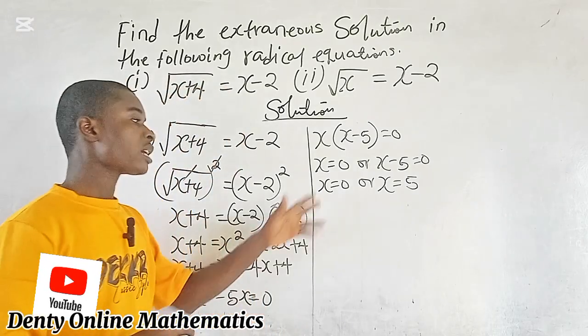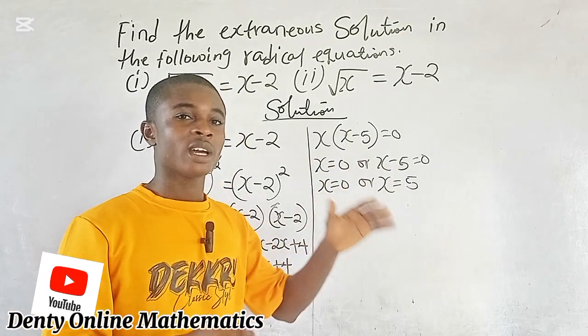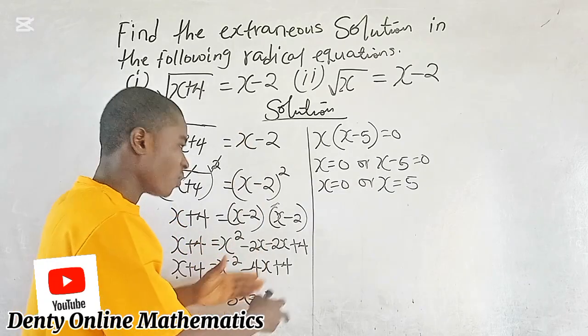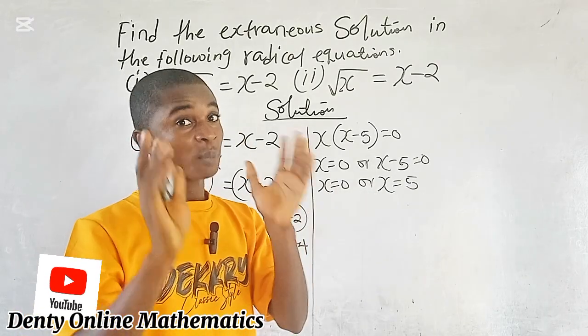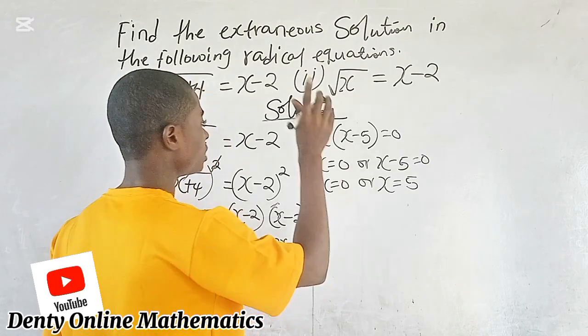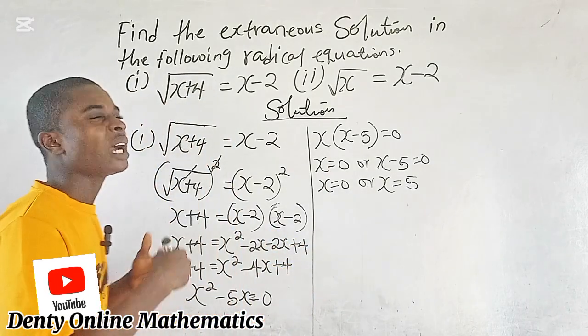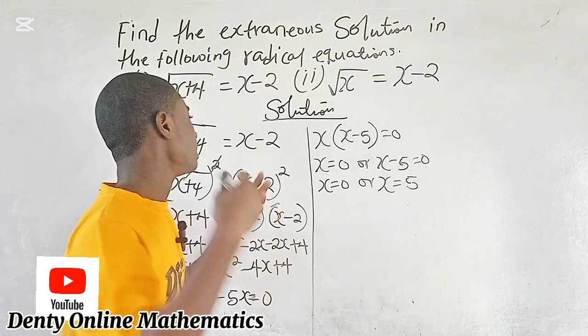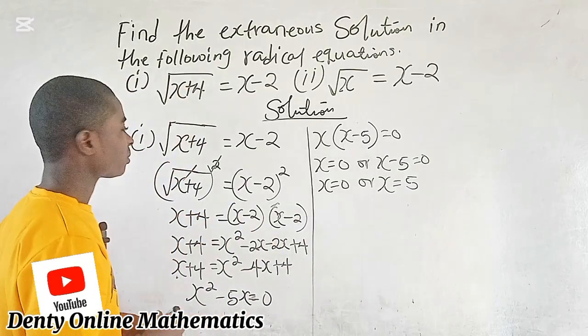At this point, x will be equal to 0 or x will be equal to 5. We have solved this and we have gotten these two values. No problem. The problem now is, let us substitute these values back into the equation, to see whether we are going to have the same thing. You get? So now let's check.